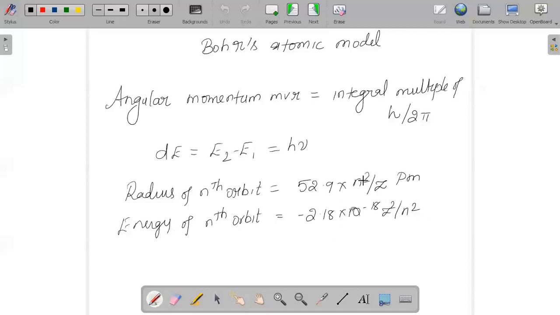So do remember the formulas which you need to remember so that it will be helpful for you to calculate the sums.